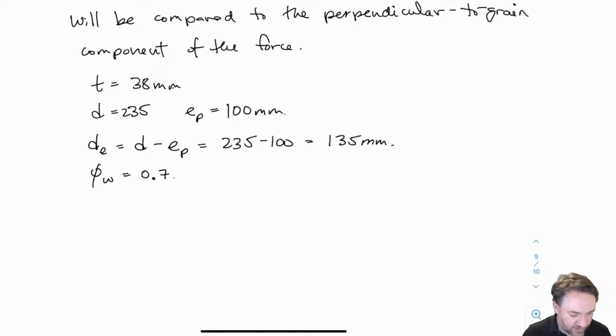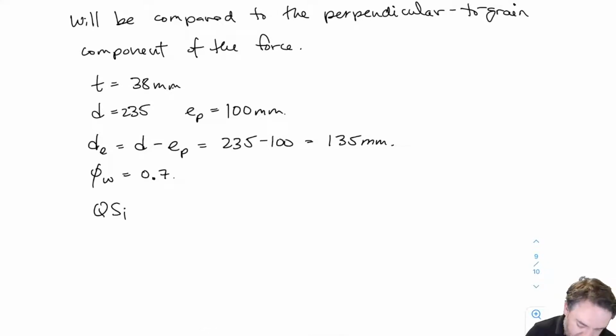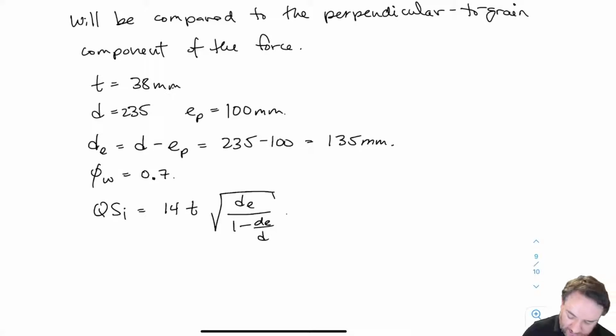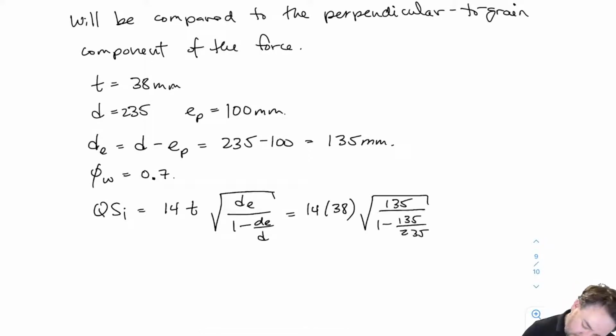And now we can get to calculating our QS and then our QSR. So this would be QS1 in this case, 14t square root of DE like this. And remember that this is from fracture mechanics. Our DE was 135, and we get a QS1 of 9.5 kilonewtons.